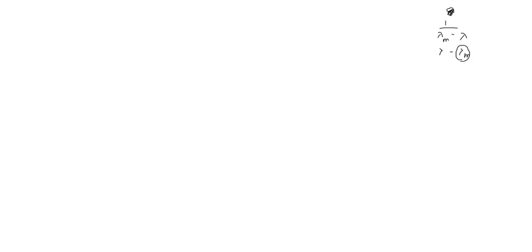Therefore, if lambda is not an eigenvalue, this denominator will be non-zero for all the terms, and hence we have a well defined series that we get, and we get the solution.